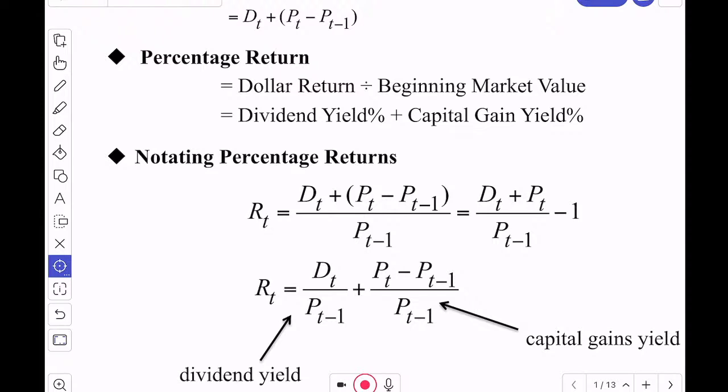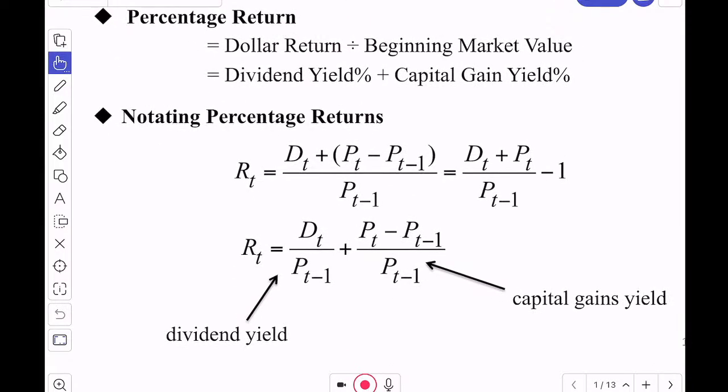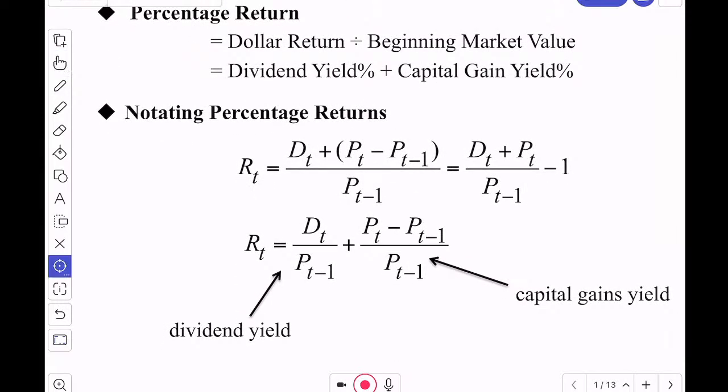You can write that this way mathematically, or you can write it like this. If you distribute the denominator, this separates into what's called the dividend yield and the capital gains yield.